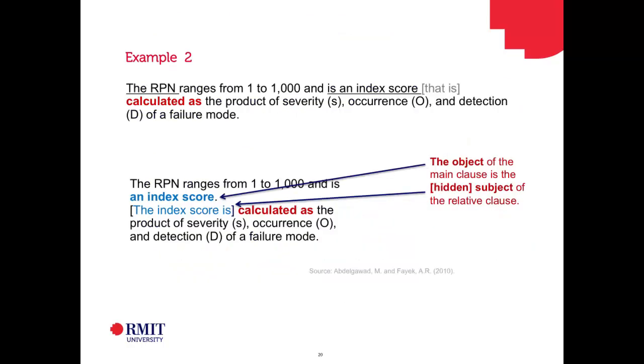In example 2, the main clause is underlined. We can see how the index score is the object in the main clause, and so it's the hidden subject in the following clause, which starts with the verb calculated. Pause the video to consider this more closely.